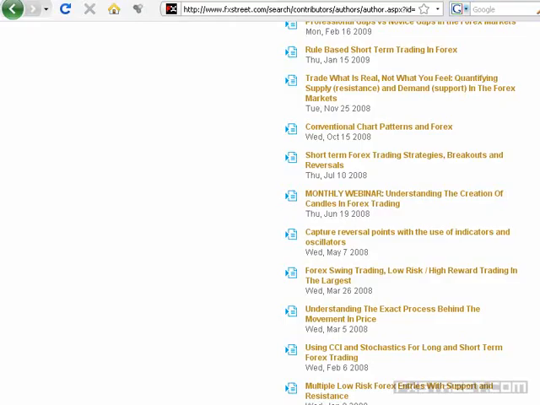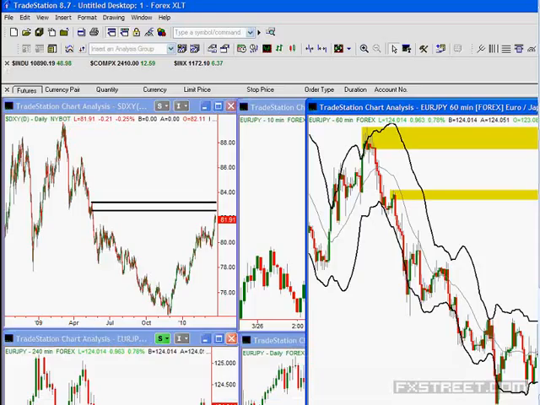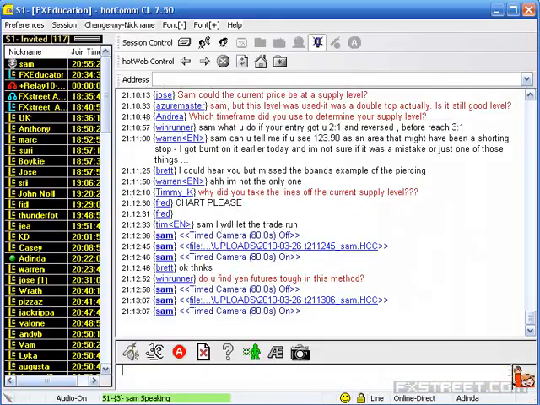Windrunner, he says, do you find yen futures tough in this method? No, and like I said, I started my career in the currencies on a really big trade desk, and I could tell you once I started trading on my own, the market that I had traded probably for a year and a half before I traded any other market was the Japanese yen. If there's one market that I've traded more than anything else, it's definitely the yen.